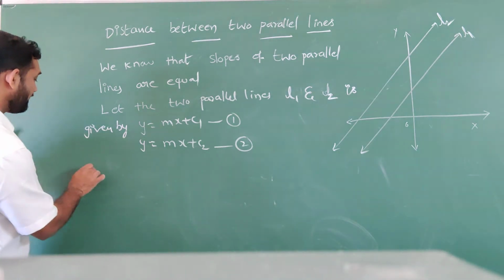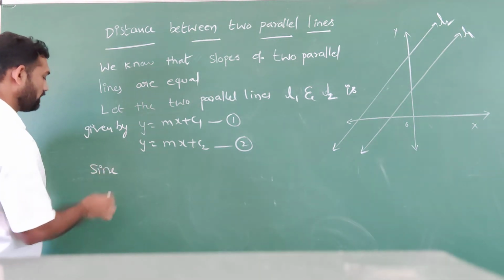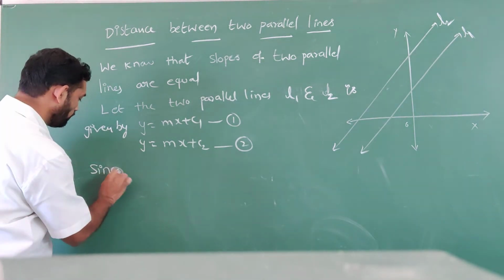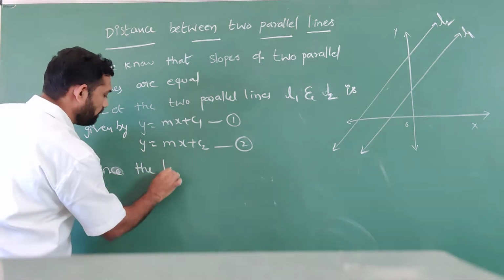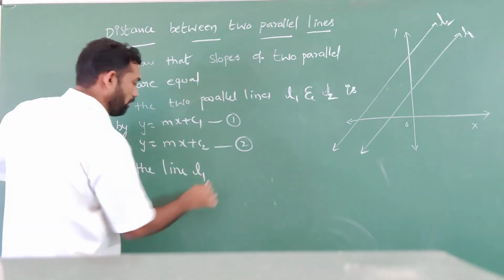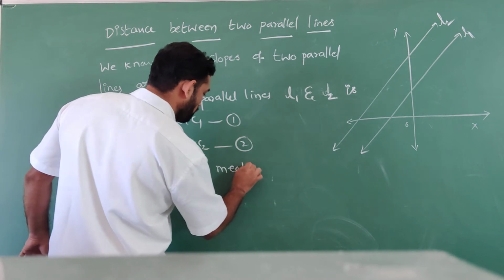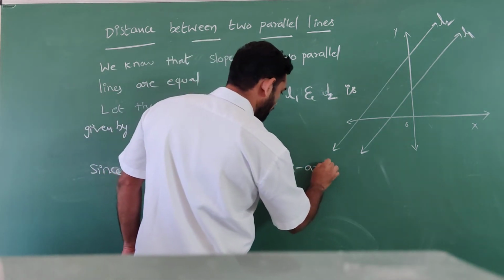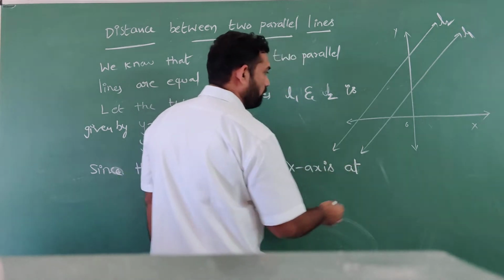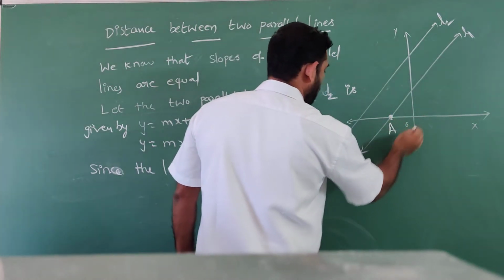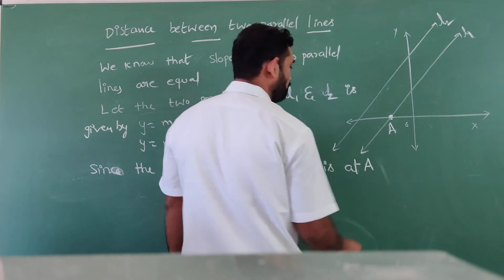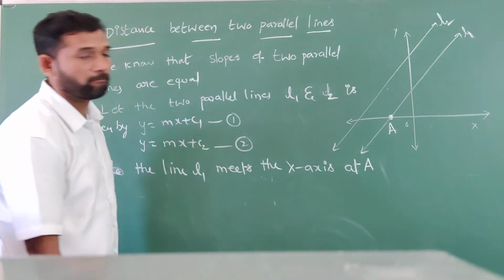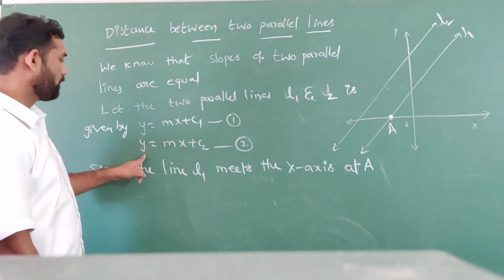After that, since the line L1 meets the x-axis at point A, what is the point A?